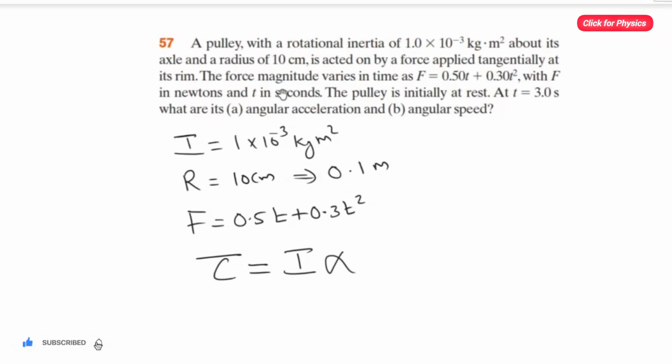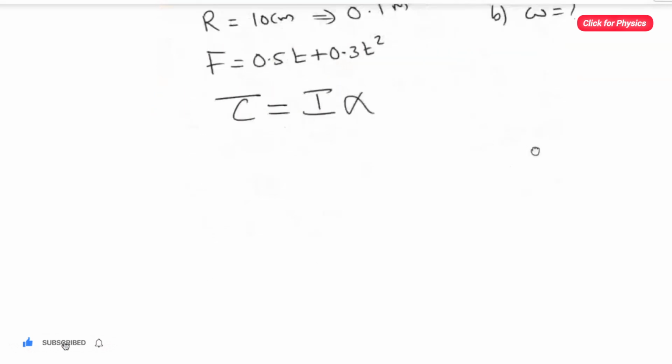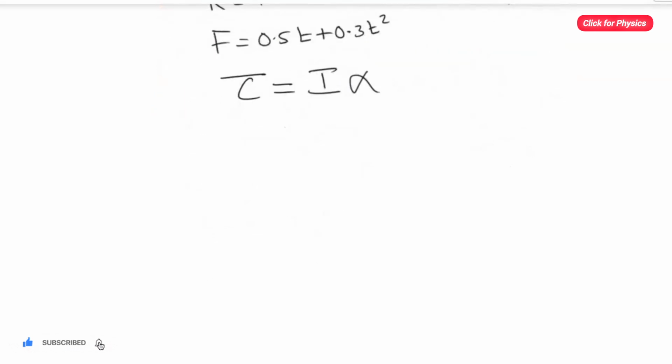Part A, we have to find alpha, and then in part B we have to find the angular speed. Therefore, alpha is equal to tau divided by I.